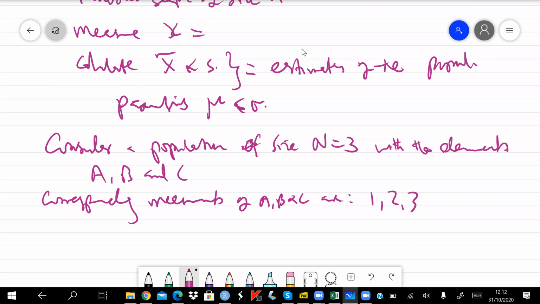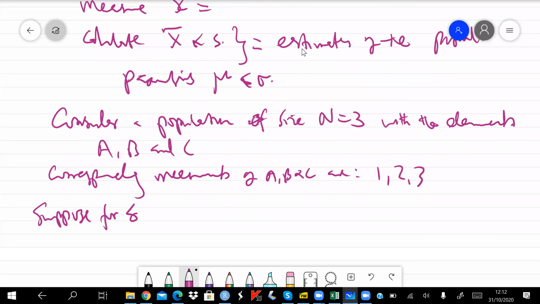For convenience, I'm choosing those as the measurements. Maybe the first tube is 1 hour, the second one is 2 hours, and the other one is 3 hours. Maybe they are years: 1 year, 2 years, and 3 years. That's the population information.